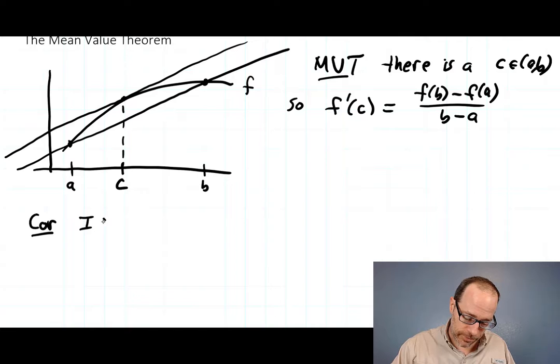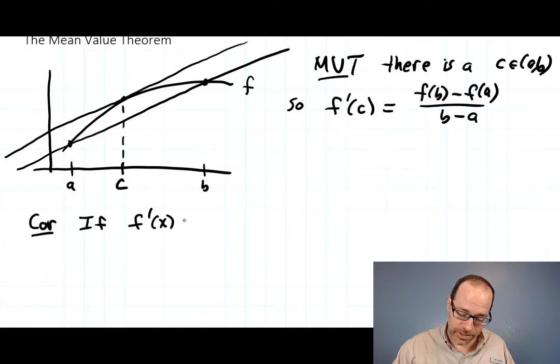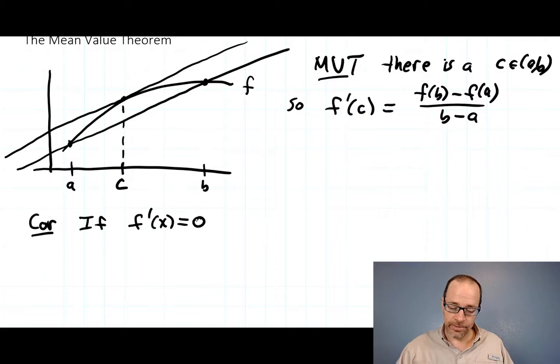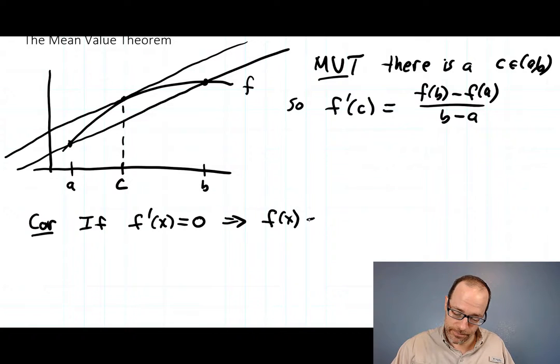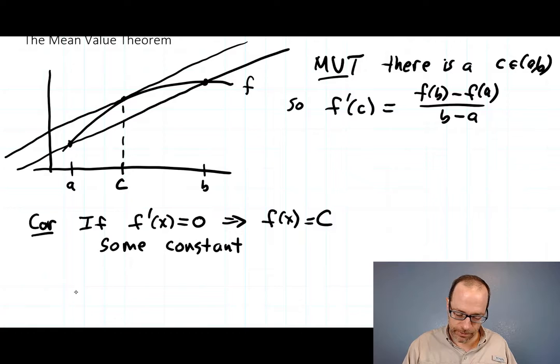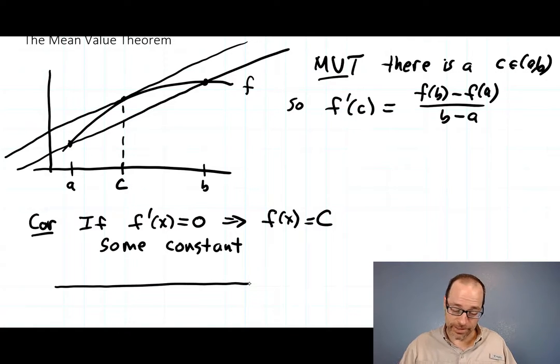If this function also satisfied that the derivative was 0 everywhere on this interval, then in fact that's because your function is constant. Right, we expected the only graph whose derivative is 0, meaning the tangent is flat everywhere, is actually a flat graph, in other words, a constant function.